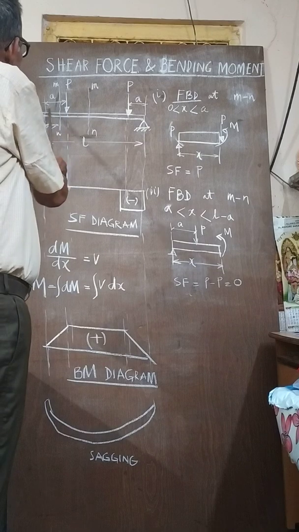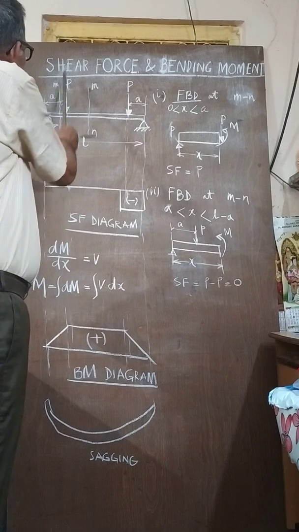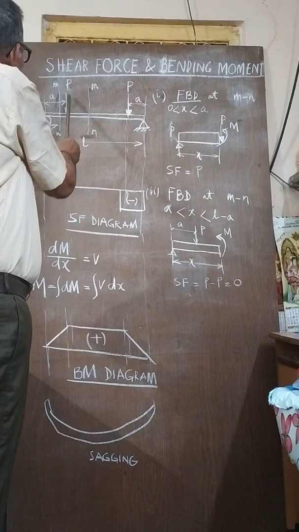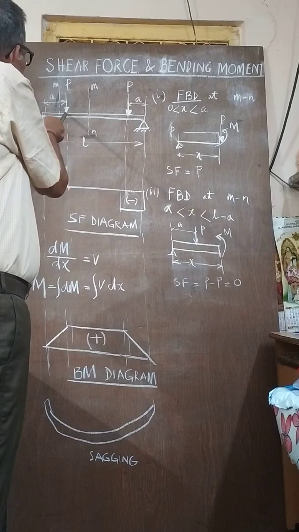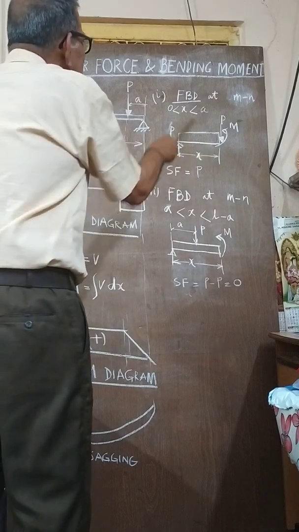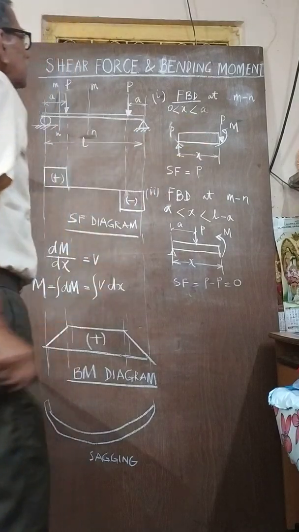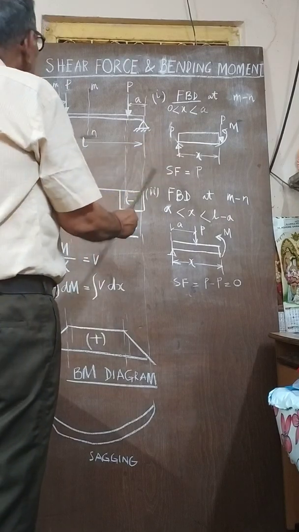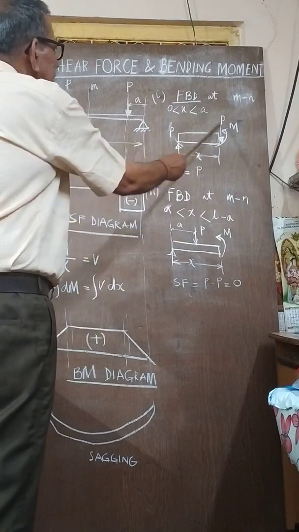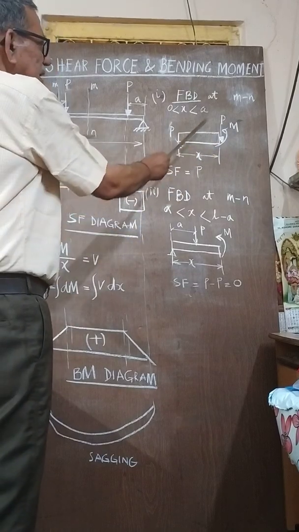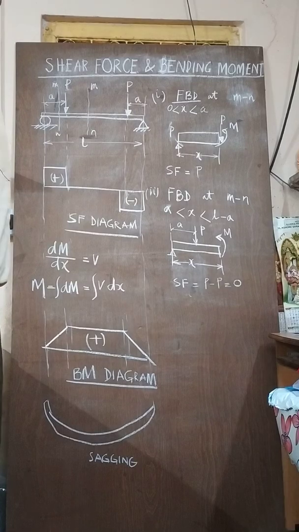The first segment is before the transverse loading. This is the point where the transverse loading has been applied, so we make a section before it. This is the free body diagram of the first segment. Here the P on the left hand side is moving up, and the free body diagram has to be in equilibrium.